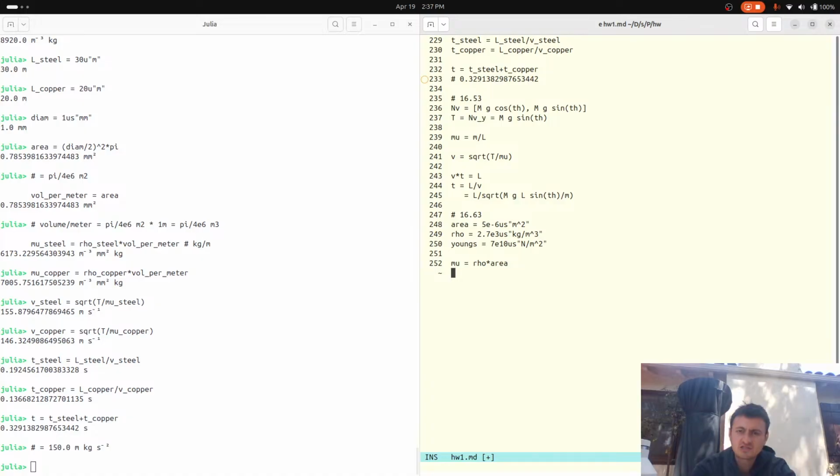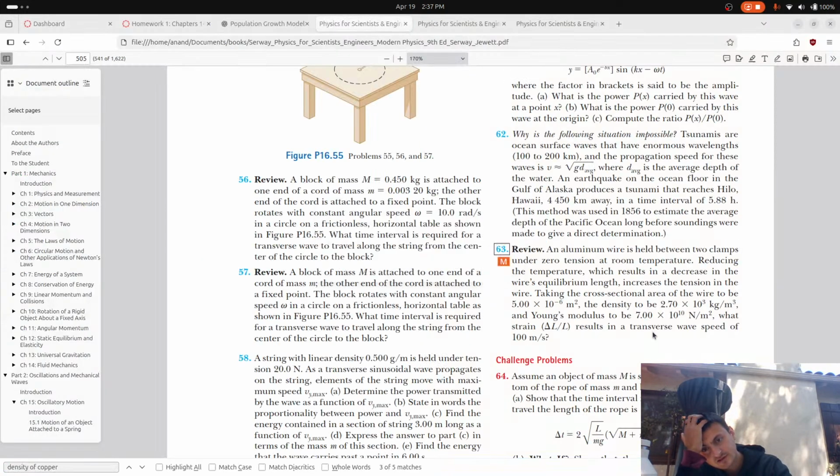So we just need to compute the tension, right? Wait, I don't actually know what is going on here.